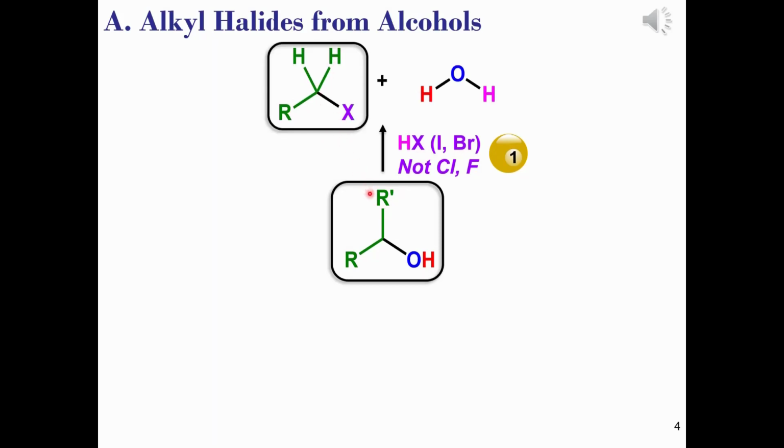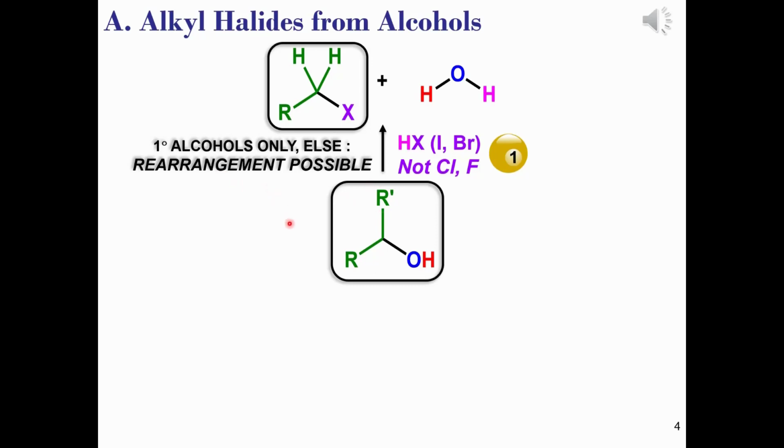You may recall from chapter 7 that the reaction of a hydrohalic acid, such as hydroiodic or hydrobromic acid, will afford the primary alkyl halide. If reaction route 1 is attempted with any other alcohol substrate, such as a secondary or tertiary substrate, then this could lead to carbocation rearrangement or certainly undesired reaction products.